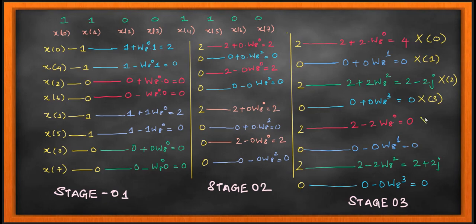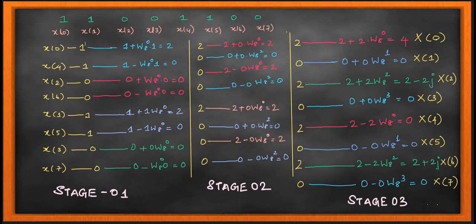So there is no need for doing any restructuring in indexing when it comes to your output. If you see, you have x0, x1, x2, x3, x4, x5, x6, x7, they are in sequence, so there's no change there, and you write the output as you get, and that is your fast Fourier transform: 11001100.